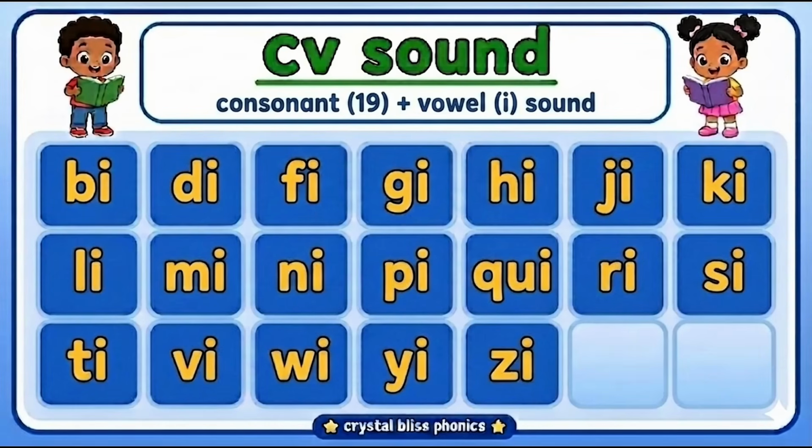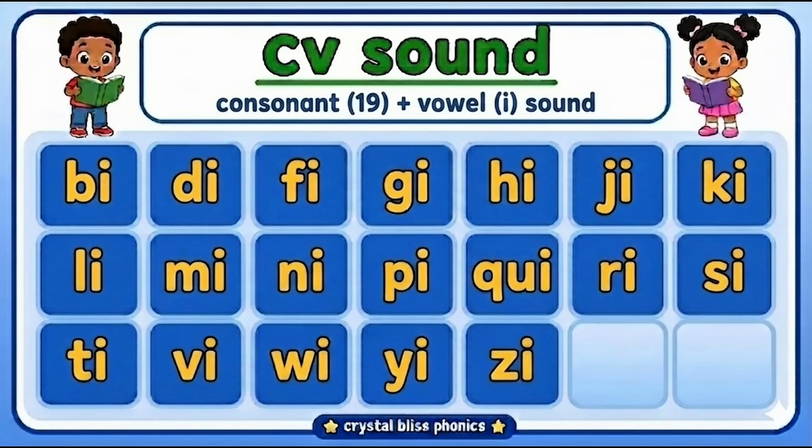So we go b, i, bi, d, i, di, f, i, fi, g, i, gi, h, i, hi, j, i, ji, k, i, ki, l, i, li, mi, ni, p, i, pi, qu, i, qui, ri, s, i, si, t, i, ti, v, i, vi, w, i, wi, y, i, yi, z, i, zi.